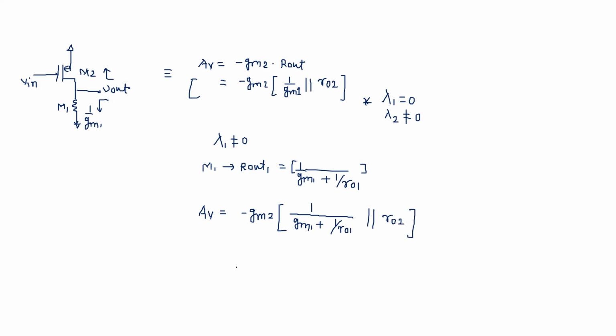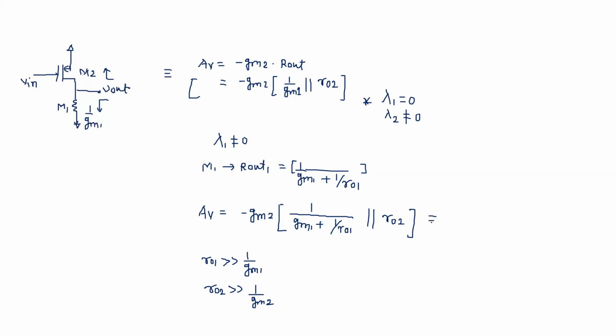But later on, I will explain that R01 is very much larger than 1 upon GM. Similarly, this R02 is very much larger than 1 upon GM2, or I can say GM1 also. So from this perspective, you can see GM1 is very much greater than 1 upon R0.